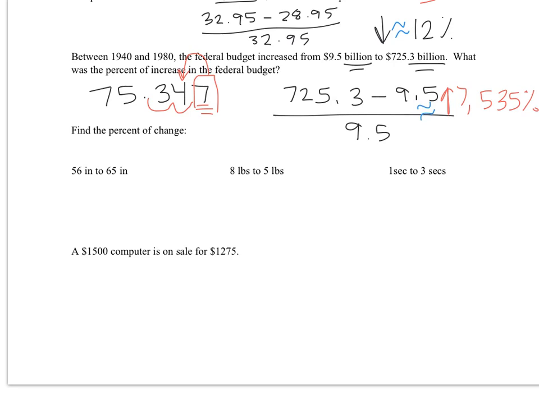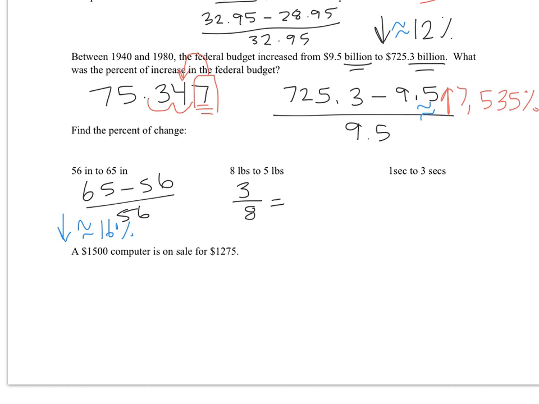Find the percent of change. So 56 to 65. I do 65 minus 56 over 56. So 65 minus 56 divided by 56 is 16%. But I had to round it. So this is going up about 16%. 8 to 5 pounds, so this is going to be 3 over 8, because 8 minus 5 is 3.